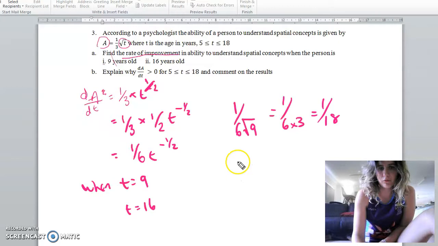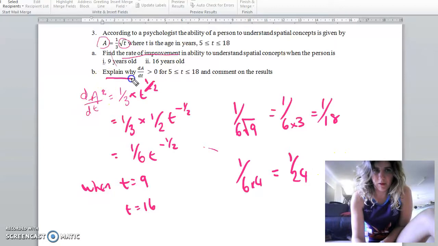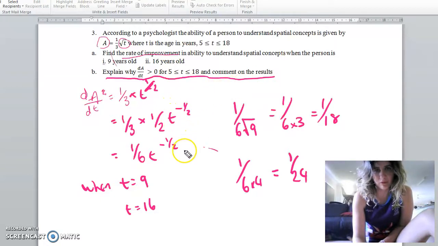And similarly for 16, we're going to have 6 times 4, the square root of 16, and that's going to be 1/24. And then the last part says, explain why dA on dt is greater than 0 for everything between 5 and 18, and comment on the results.